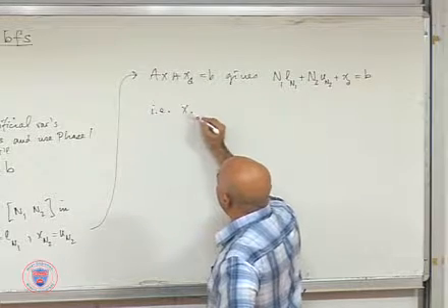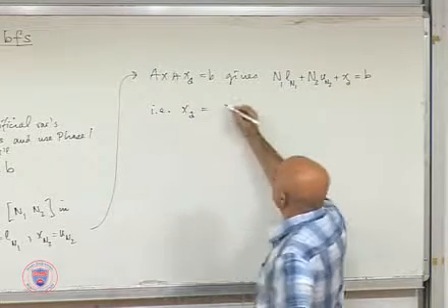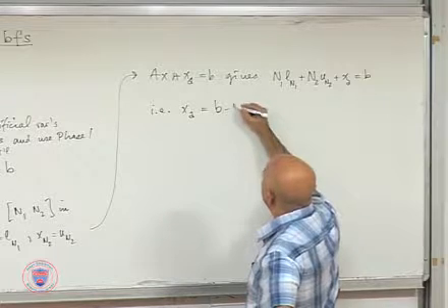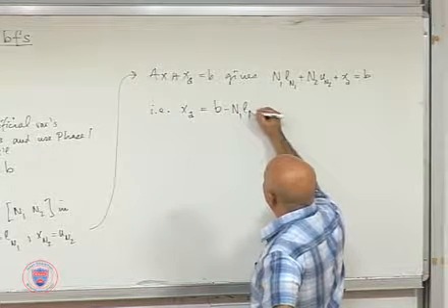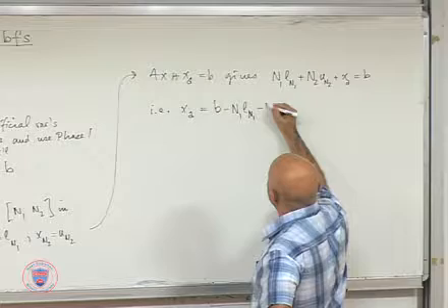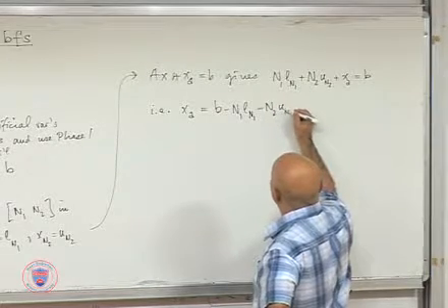So xa is actually equal to b minus N1 lN1 minus N2 uN2.